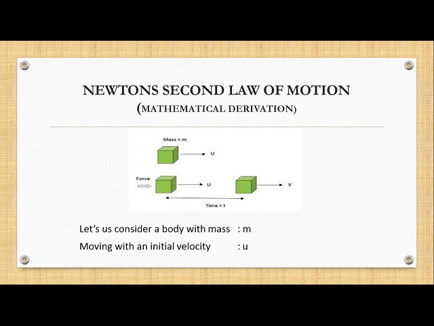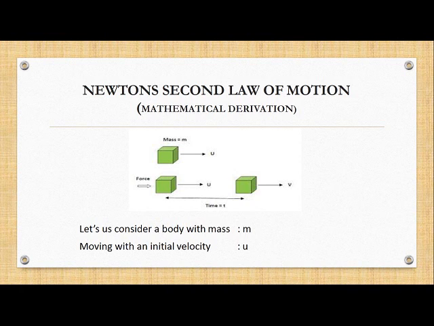In the second picture, a force F is applied to the body for a particular given time t, and now the velocity changes into the final velocity, represented as v.